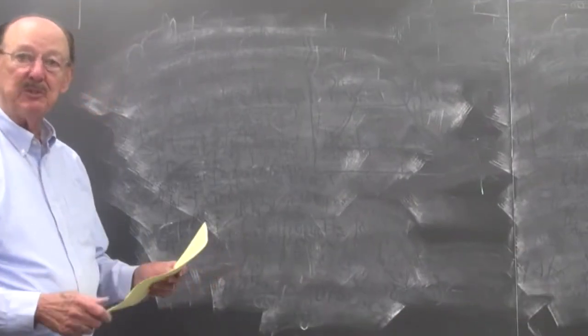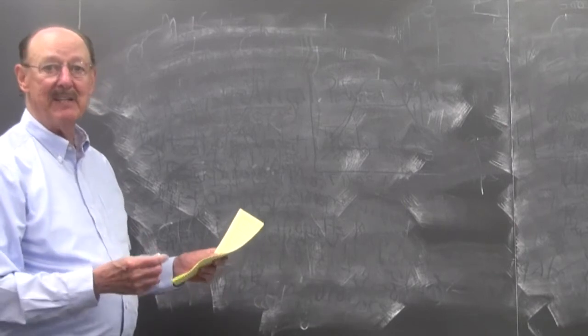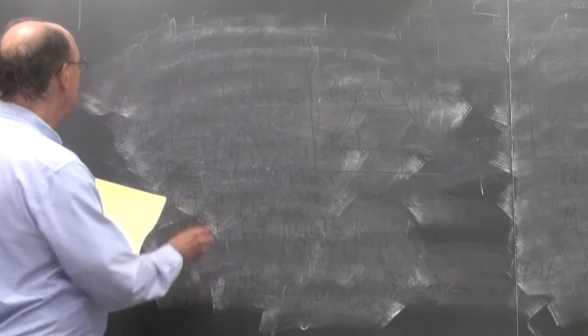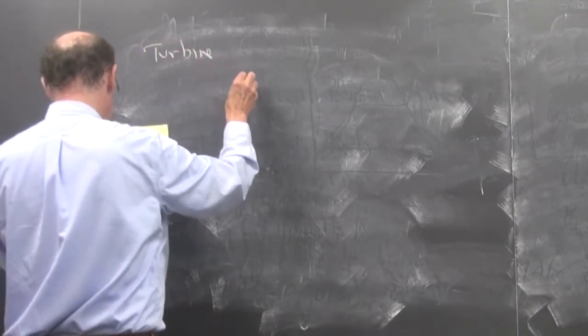What we want to look at as well is that when we have the turbine and the pump, they have efficiency, so they're not truly isentropic expansion and compression. So for the turbine, we have a turbine adiabatic or isentropic efficiency.